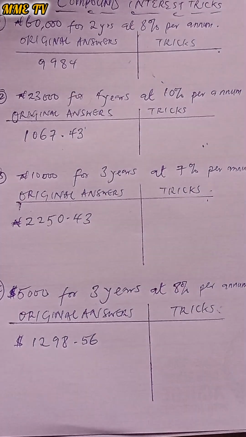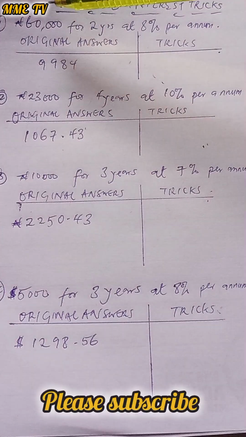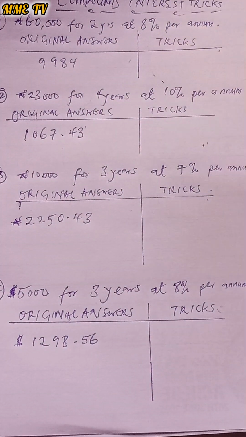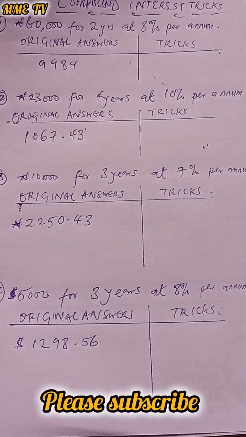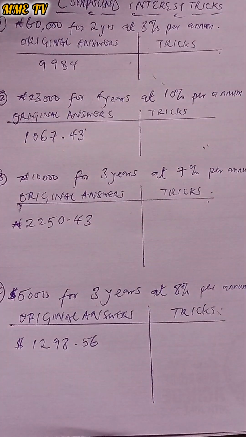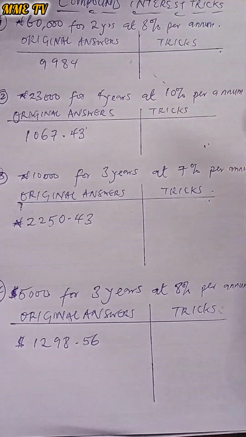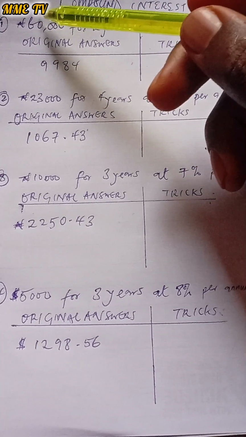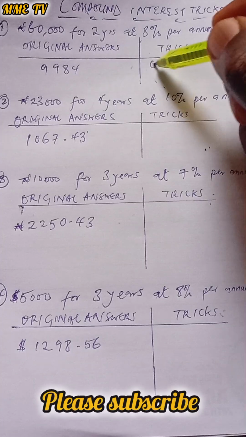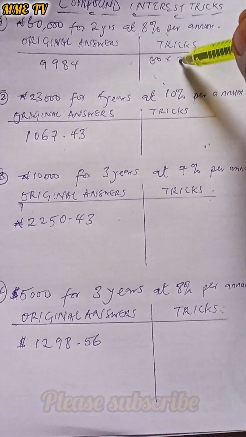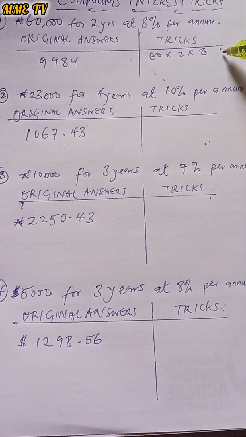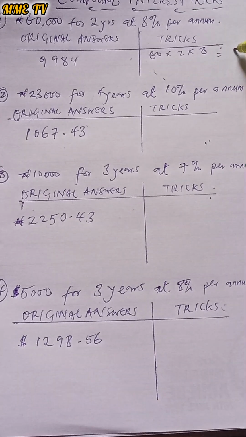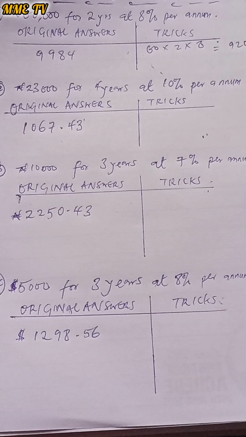Now, assuming you're asked to calculate the amount, the principal for 2 years at 8% per annum, all you need to do is not start solving things that are very ambiguous. Because it's 60,000, you just take the first two numbers, which means it will be 60 multiplied by 2 multiplied by 8, which is going to give us 920.